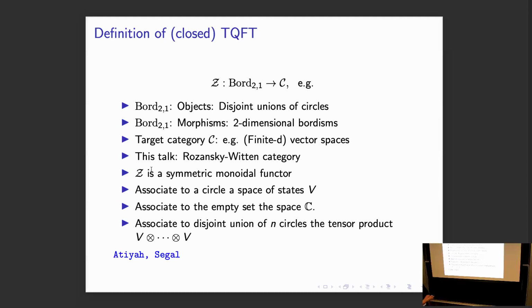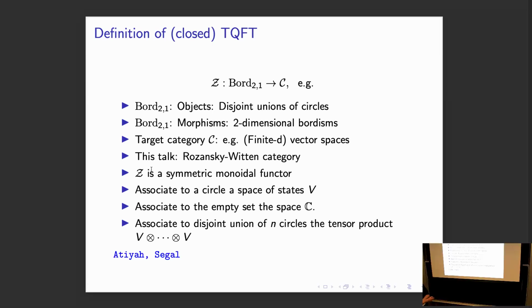In the traditional way to look at these things, one views what one wants to associate to a circle as a kind of state space, a space of states V, that you can imagine getting by canonical quantization on a small circle. And then there's a monoidal unit in that category.